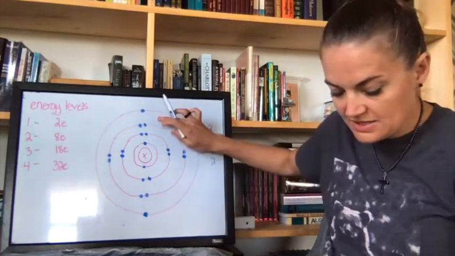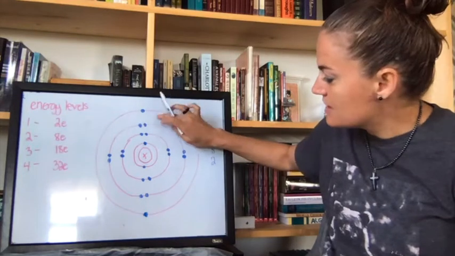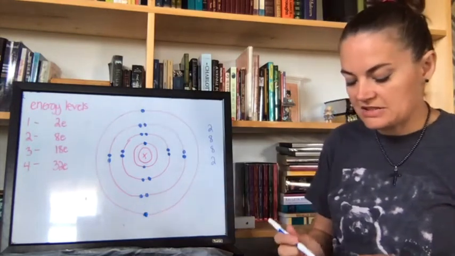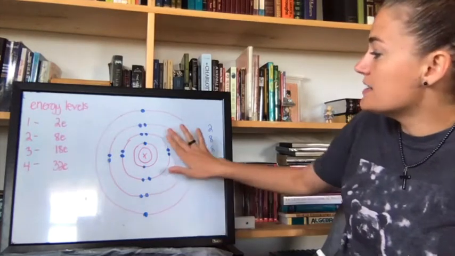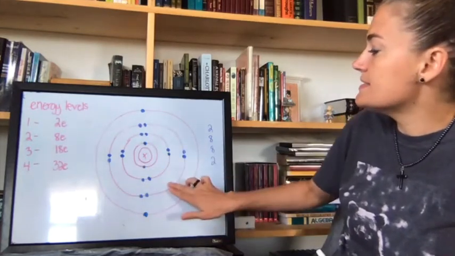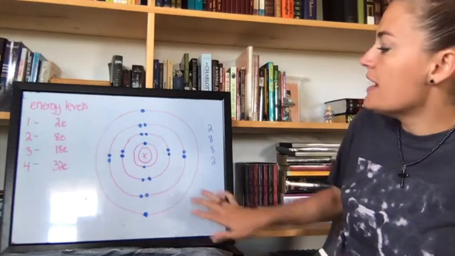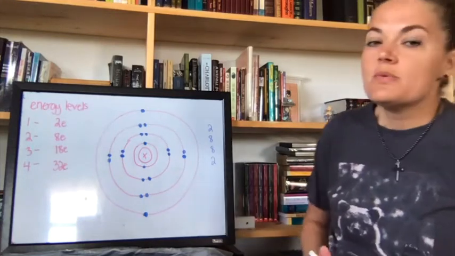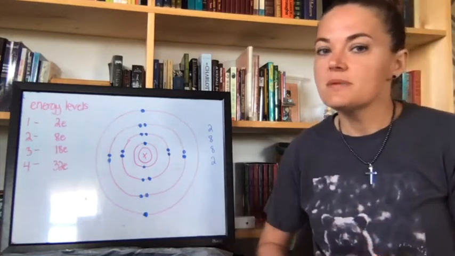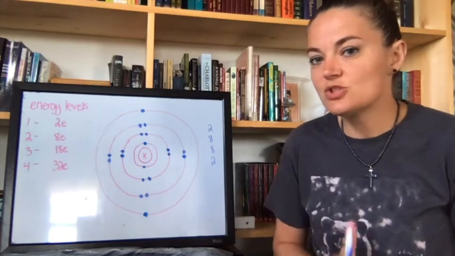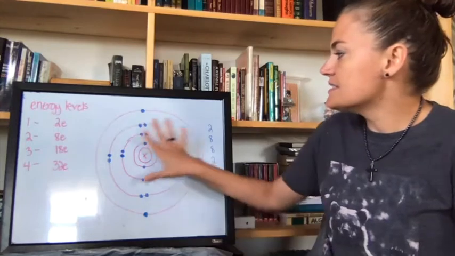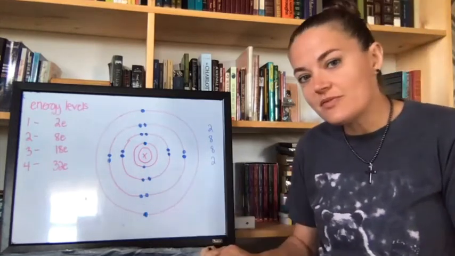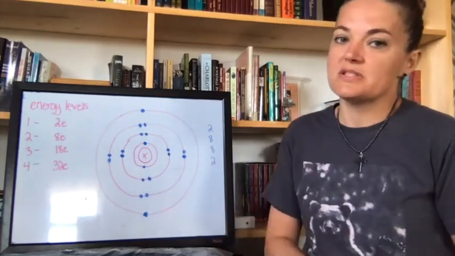So 19 would be potassium, and then 20 is calcium, okay? Then you could go back in and start filling the rest of your 18 on this level, and then your 32 on that one. We're actually going to stop at 20 because that's as high as I want you to learn for now. 20 is calcium. This is how you do the energy levels for the first 20 elements on your periodic table.